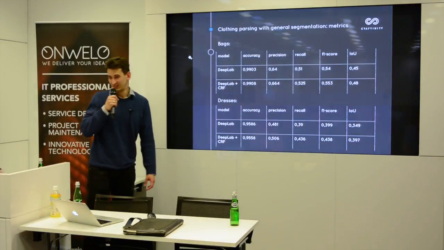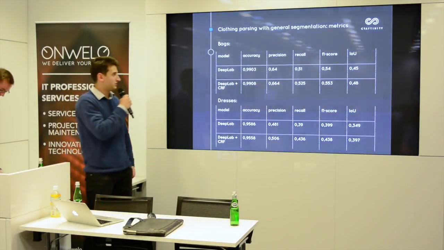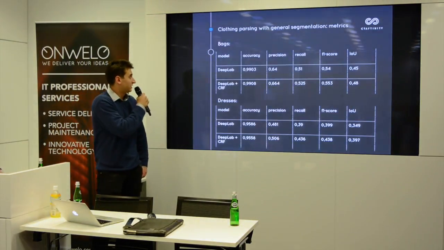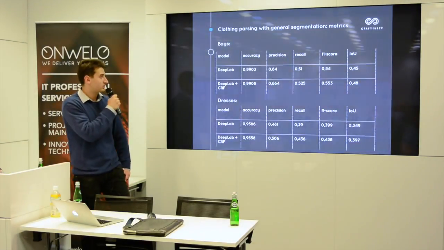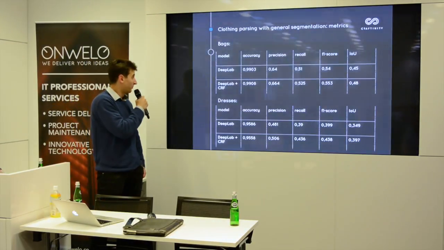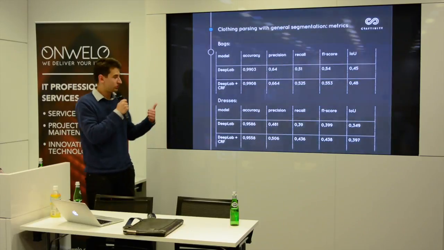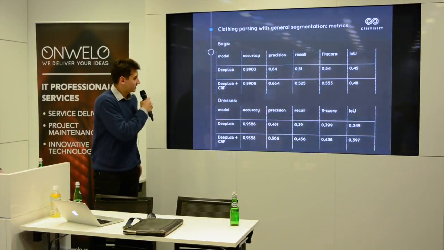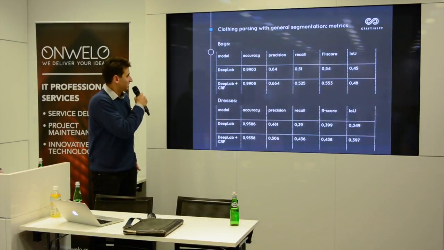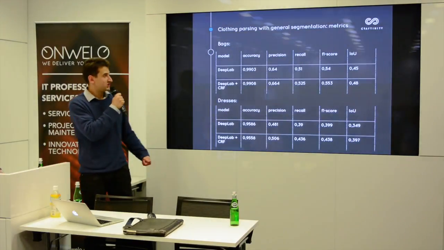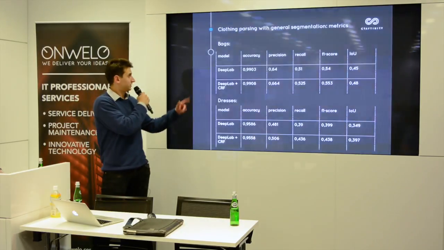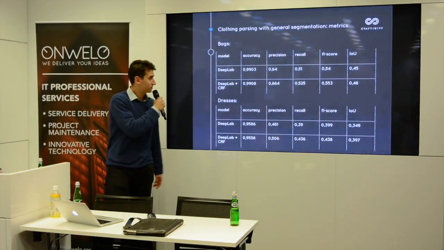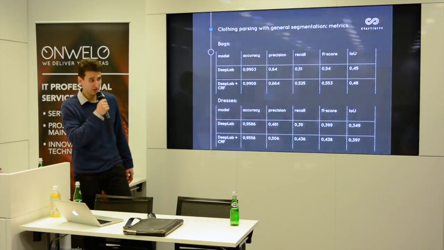So we measured the performance with 5 metrics. That is accuracy, precision, recall, F1 score, and intersection over union. We did it for 2 categories, bags and dresses. If someone knows something about measuring the performance of classification, these first 4 metrics, accuracy, precision, recall, and F1 score, are familiar.